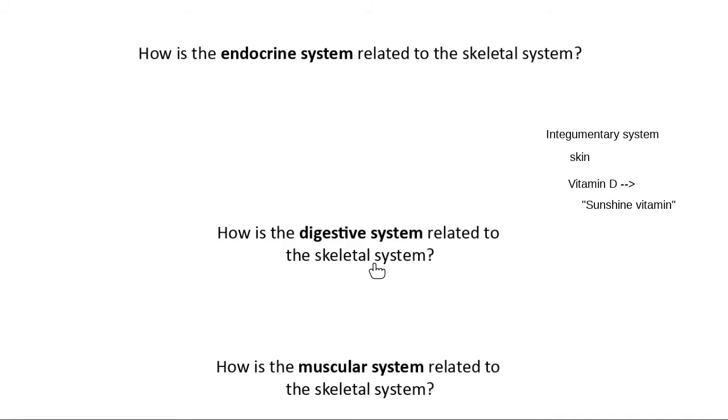But I can't absorb calcium from my diet unless I have enough vitamin D. So my sunshine vitamin, vitamin D, that I make using my skin, through exposure to UV, if I don't have enough vitamin D, I'm going to have a calcium deficiency because I need vitamin D to be able to absorb my calcium. So that's actually the problem with rickets.